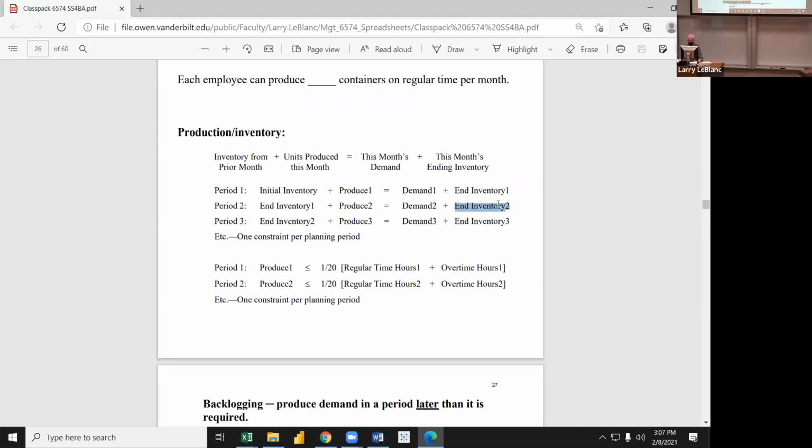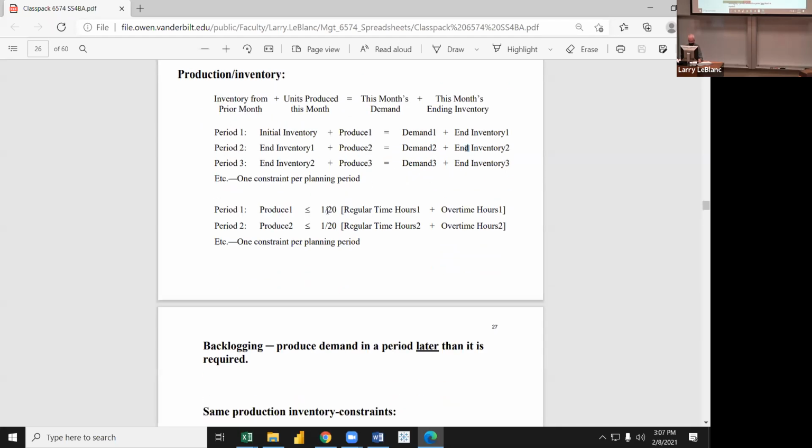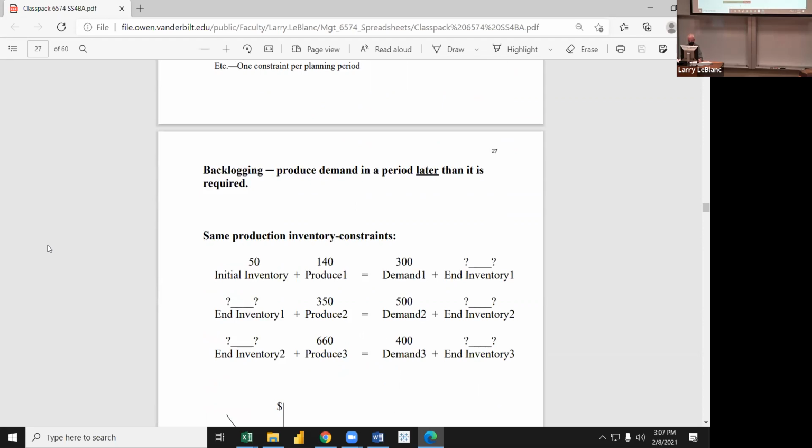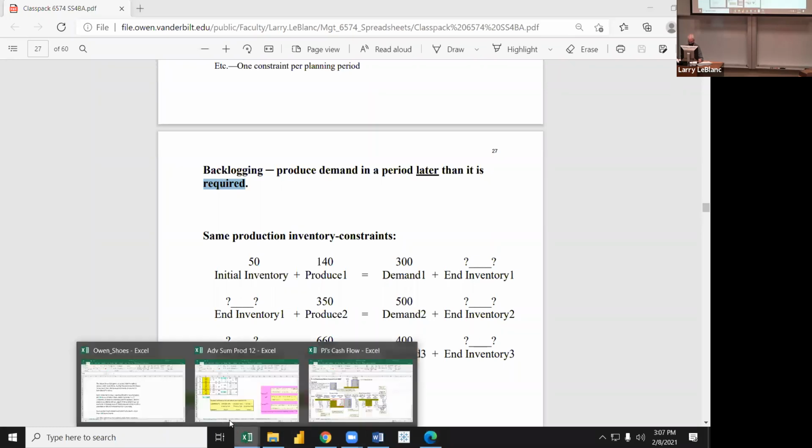And anything left over is ending inventory. We will have to implement that, and we will also have to relate the fact that if you choose to use low overtime or zero overtime, that's okay. But then you don't have very much capacity, and therefore you cannot produce very much if you choose to use low overtime hours. Backlogging, we'll look at that after we finish the first example.